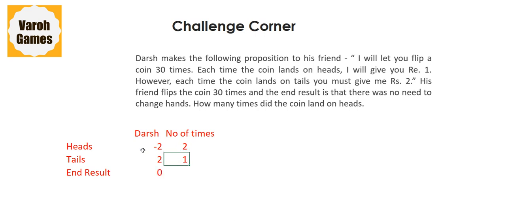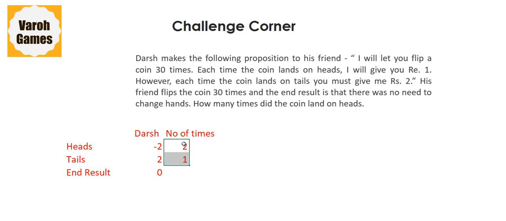So what happens? If head comes 2 times, Darsh has to pay 2 rupees, and if tail has come once, Darsh will get 2 rupees. And the end result becomes 0 because 2 times he is paying and 1 time he is getting.